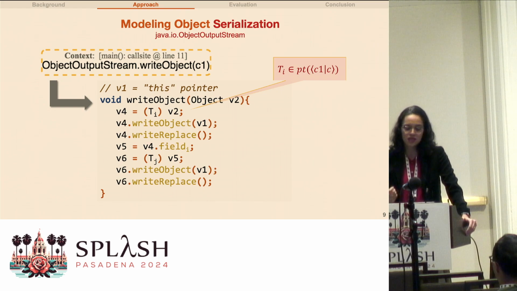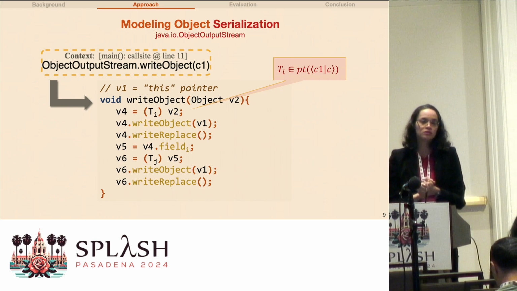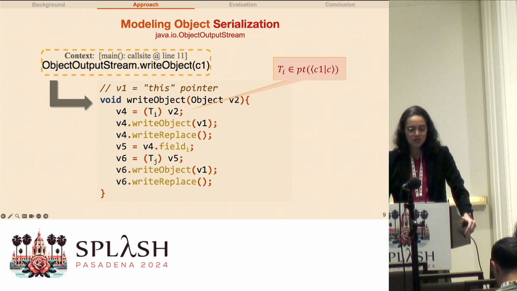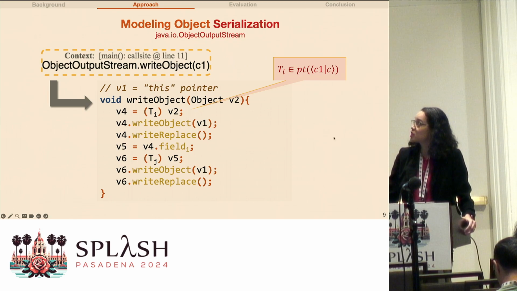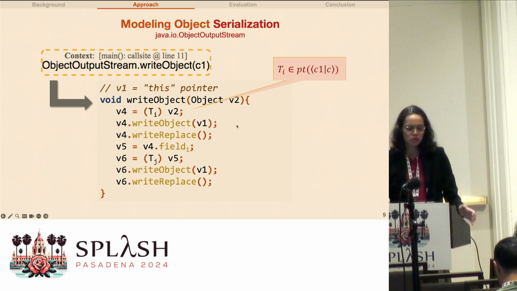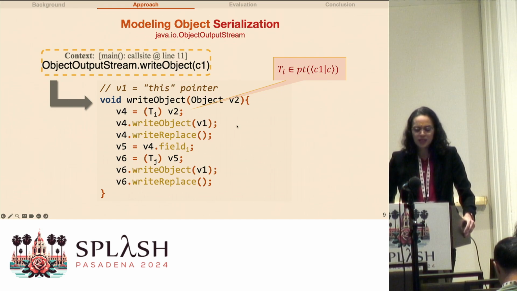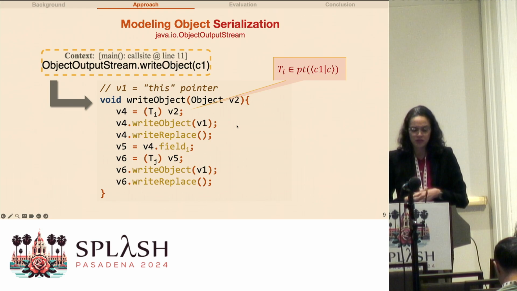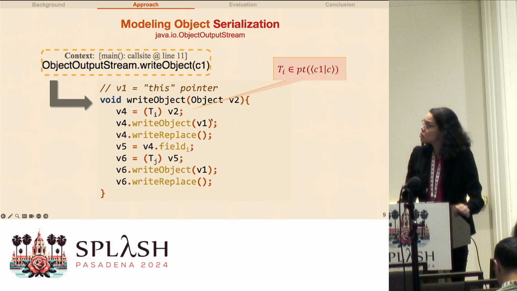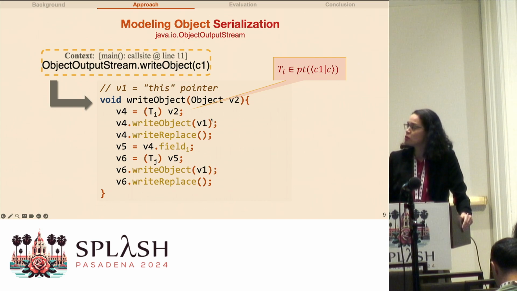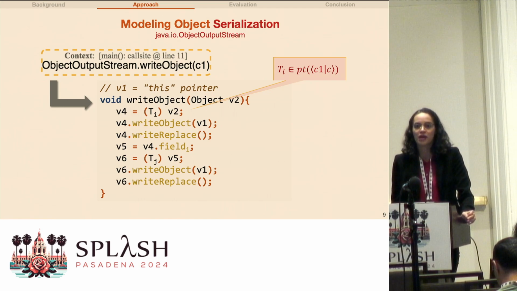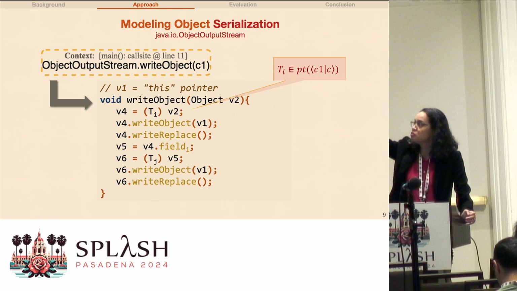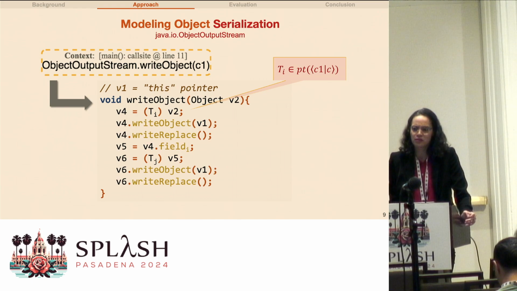Inside our synthetic method called writeObject, first we downcast that object, the sub-parameter, to that data type. And then finally, we invoke the callback methods, okay? Notice that if the data type of that object implements those custom callback methods, they are going to be invoked by our synthetic method.